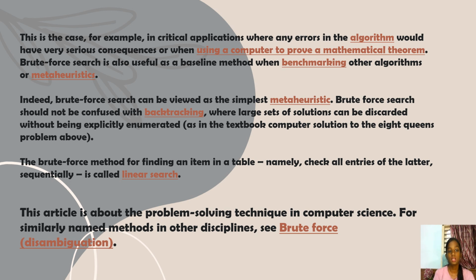Brute force search should not be confused with backtracking, where large sets of solutions can be discarded without being explicitly enumerated. The brute force method for finding an item in a table, namely checking all the entries of the table sequentially, is called linear search.